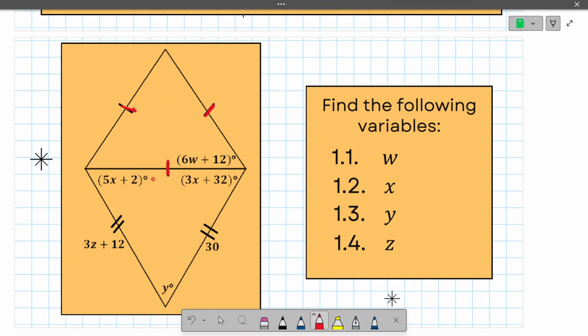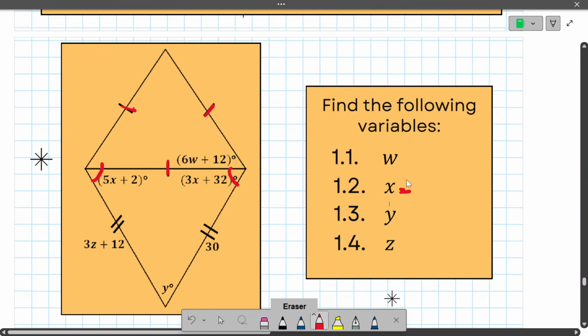Okay? Knowing that sa isosceles triangle po, if two sides are congruent, two angles are also congruent. Etong angle na to dito ay congruent to this angle. Gets?